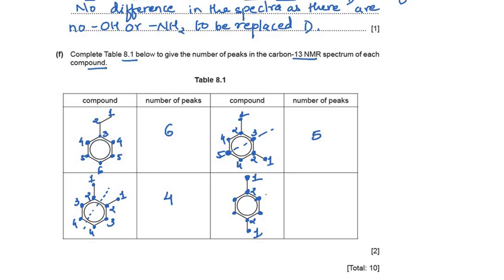So all the remaining 4 carbon atoms are going to produce the same peak because of the same environment, and so the number of peaks for carbon will be 3. So this is how you look for the number of C13 NMR peaks for any given compound. Okay, so here is the end of question 8.